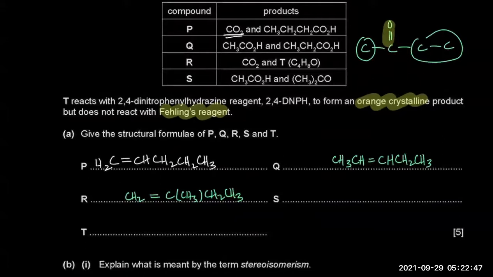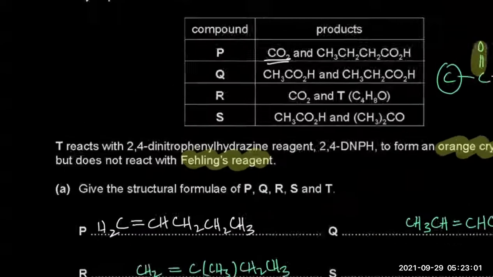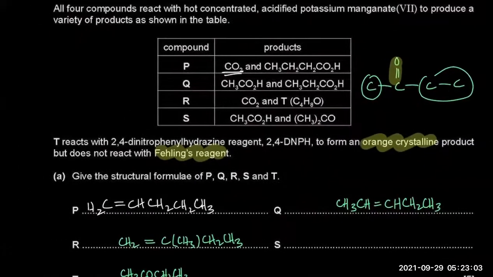So what's the structural formula of T? T is just a 4 carbon ketone. So CH3COCH2CH3, right? And the last one is S. In S, again you have a CH because you're getting an acid. So it's a 2 carbon acid.